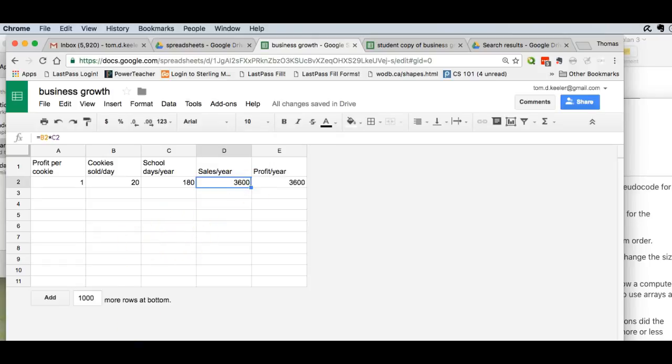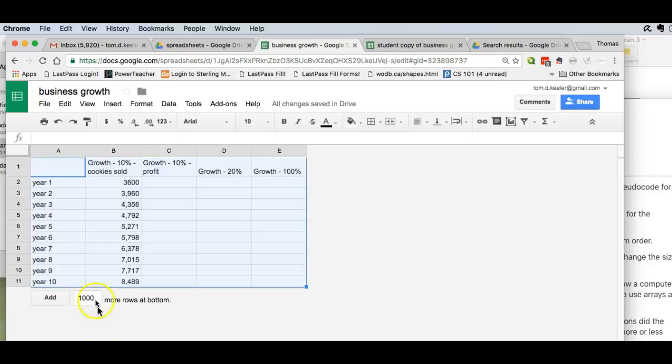Okay, so now let's go and let's see what happens if we assume that we're going to try and grow our business at 10%. So you see down here I've made a tab 10%. Okay.